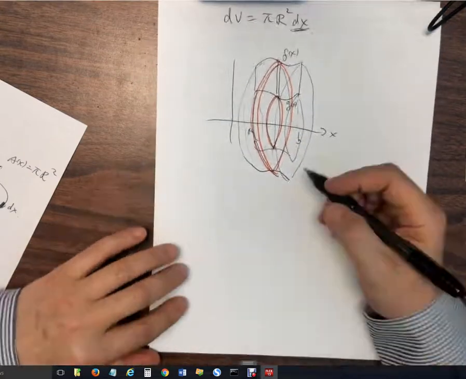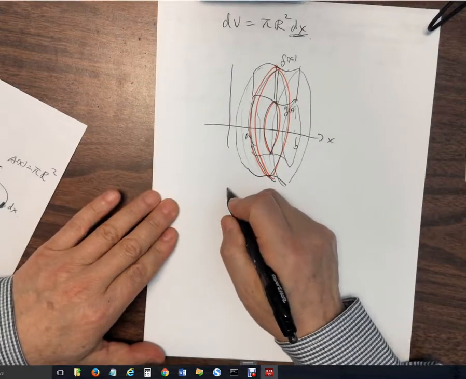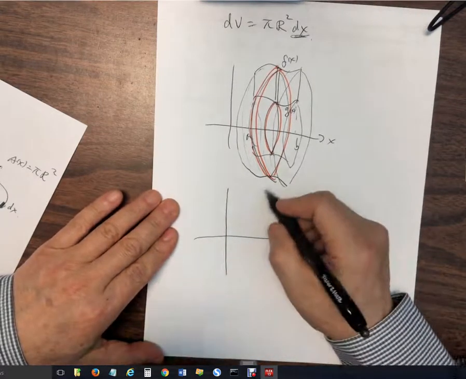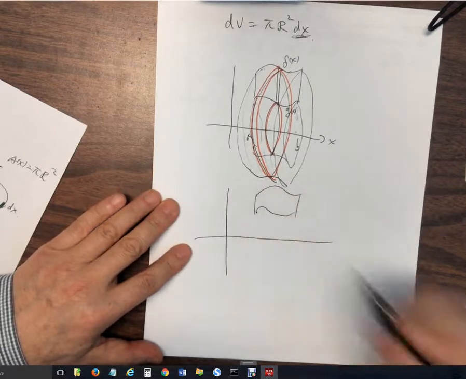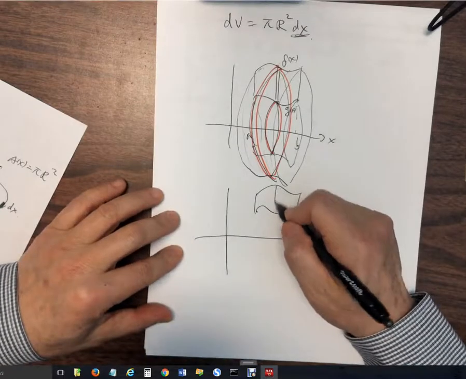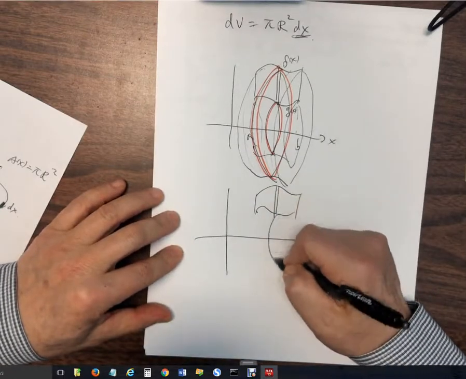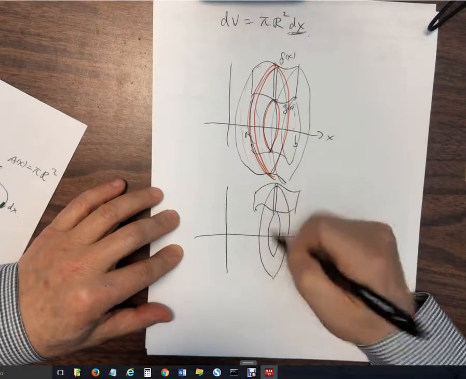Now, how do we find the volume of one slice? Let's just focus on revolution of one slice. So let's do the graph again down here. This time, we're going to just start with the slice. Just revolve.